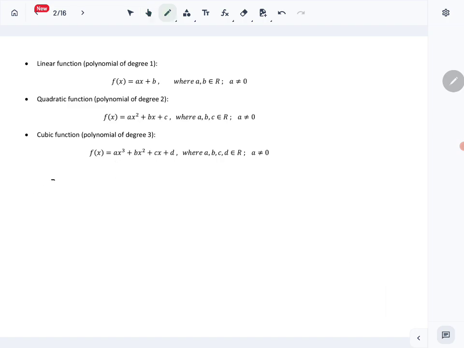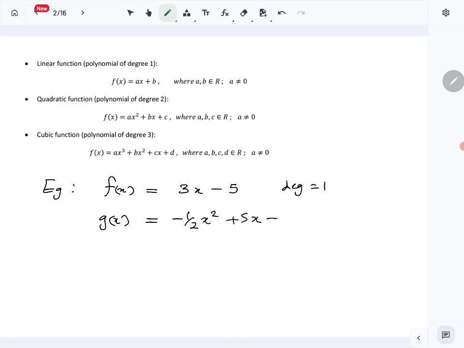Right. So for example, this is a linear function because degree 1. Then this is what? This is a quadratic function because it has degree 2. This is what? Degree 3 polynomial.